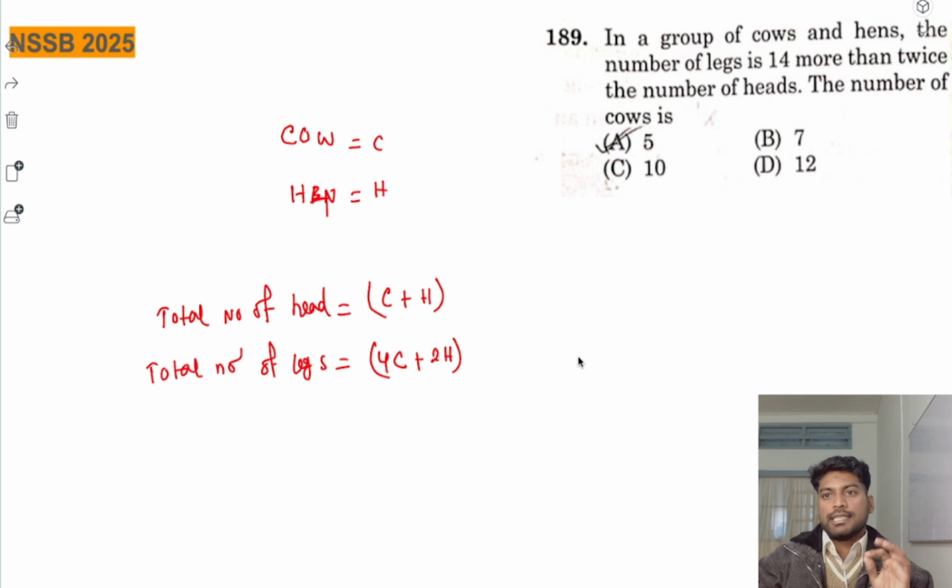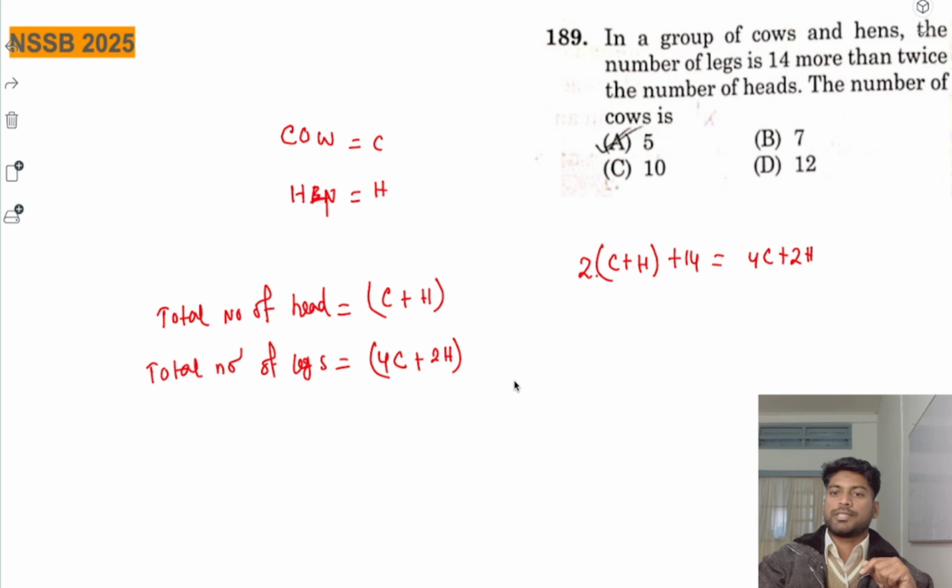After that, the number of legs is 14 more than twice the heads. Twice the heads is 2 into C plus H. Fourteen more than that, so add 14, equals the number of legs, 4C plus 2H.